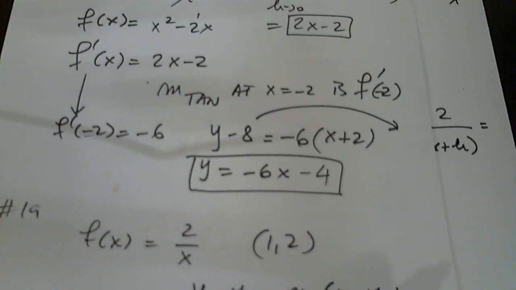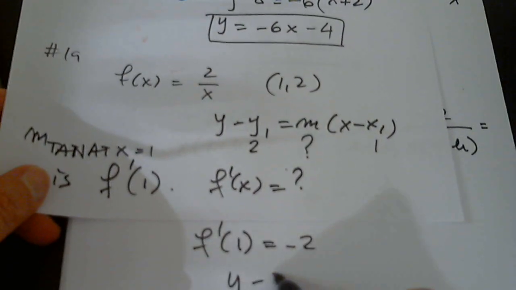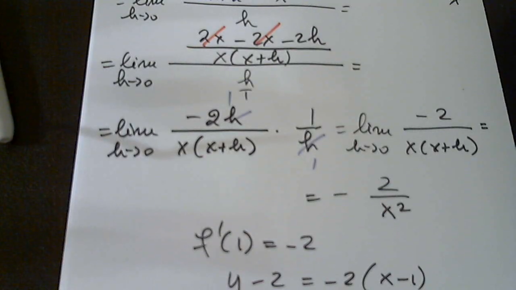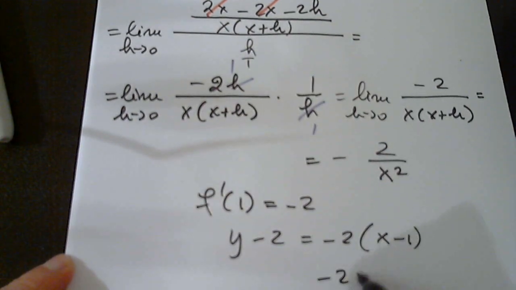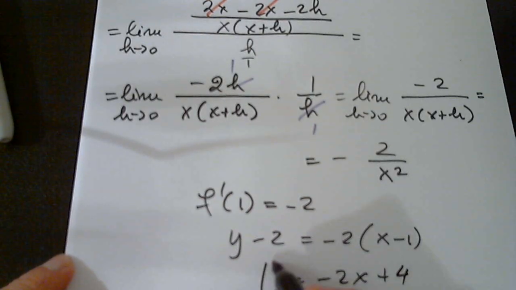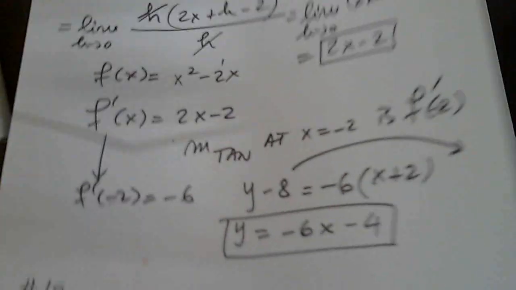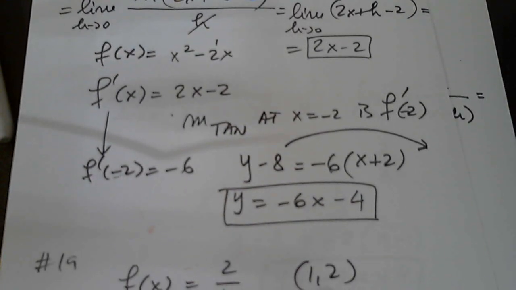So then all I have to do is write my equation. y minus 2 equals negative 2 times x minus 1. Combine like terms, negative 2x. This is positive 2, and I bring another 2. This is the equation of the tangent line to the graph of this function at this point.